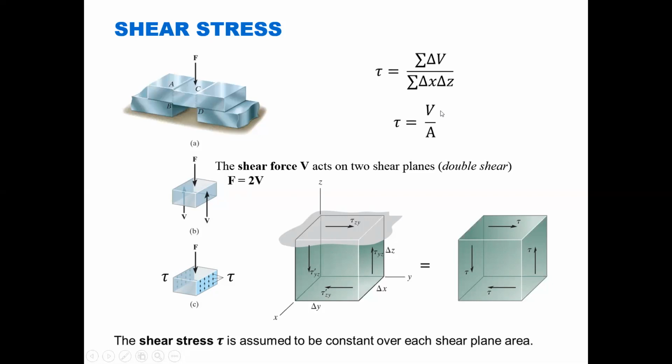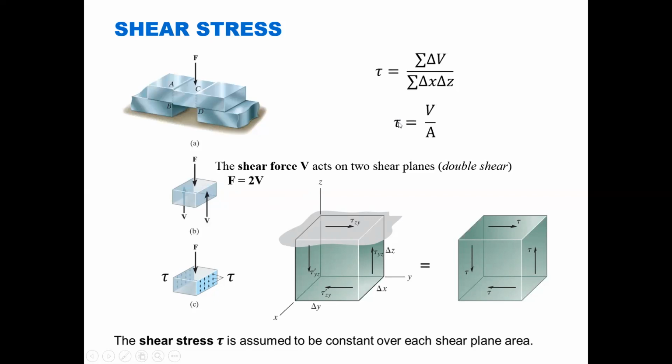Now we will look at other equations for normal stress and shear stress as we go through the course, but for right now, this is the simplest expression for shear stress: take whatever shear force is on the face and divide by the cross-sectional area, and that will give you the shear stress. Again, the units are consistent, where we would have some sort of force units divided by area.